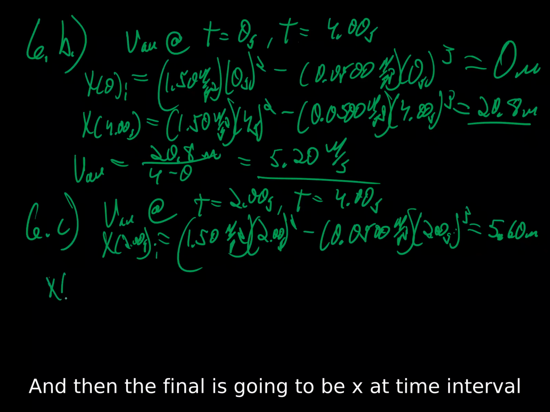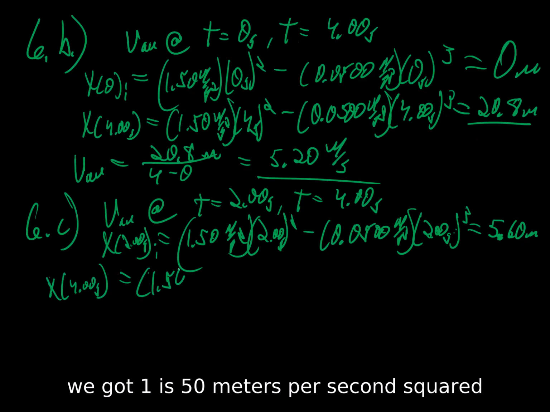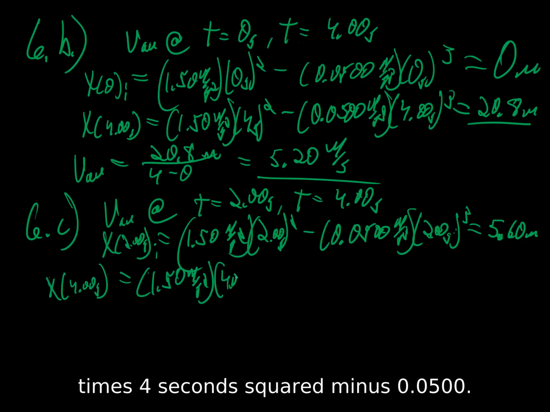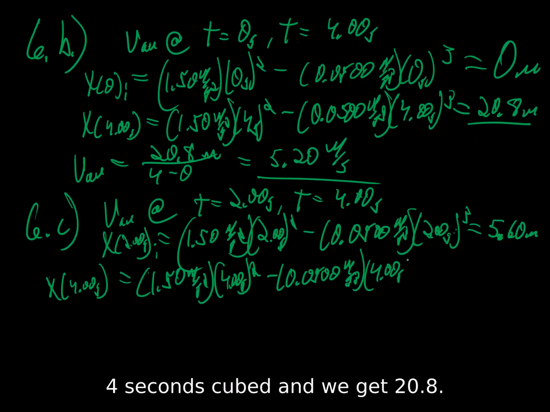And then the final is going to be x at time 4.00 seconds, which is equal to 1.50 meters per second squared times 4.00 seconds squared minus 0.0500 meters per second cubed times 4.00 seconds cubed.